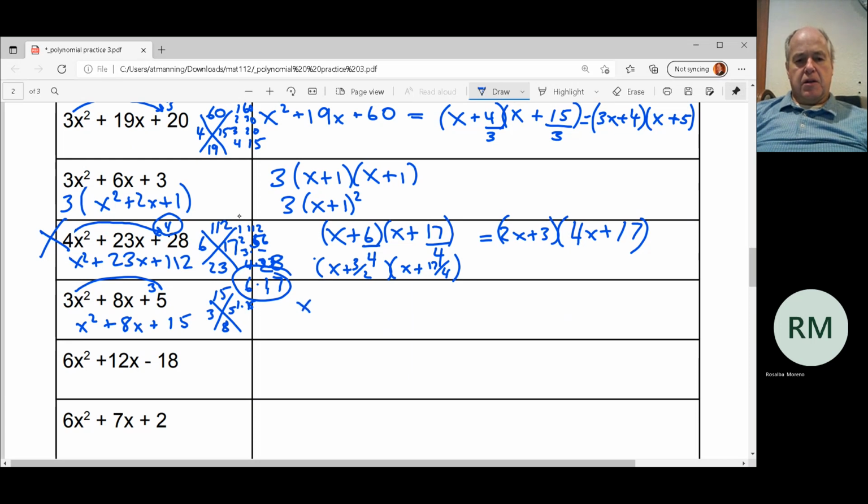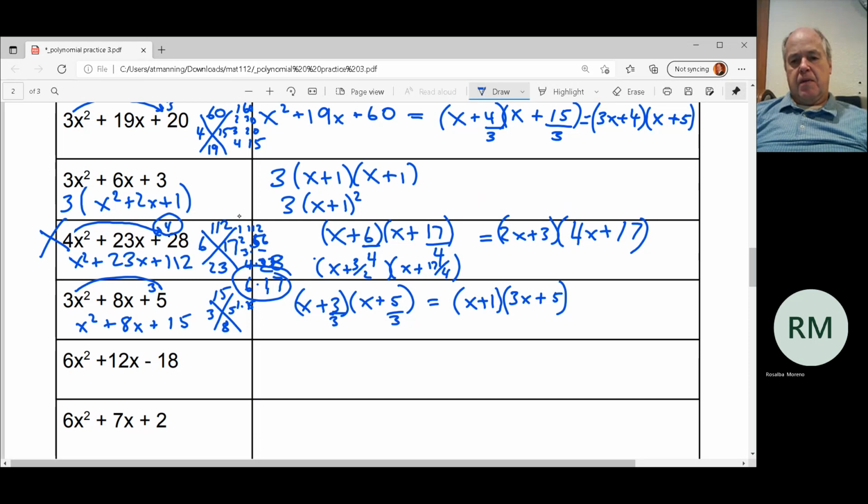So x plus 3 times x plus 5 times 2, divide out that 3 that slid over, x plus 1, and 3x, this turns into 3x plus 5.